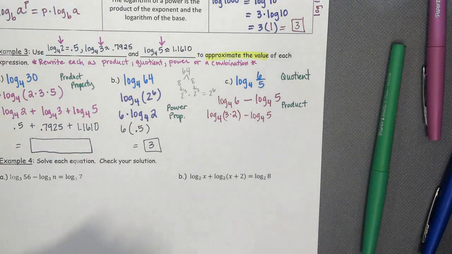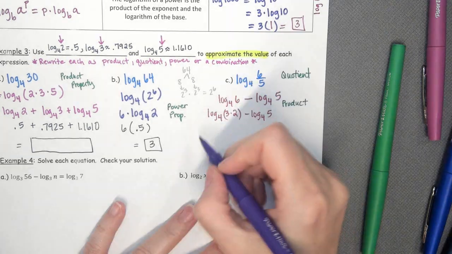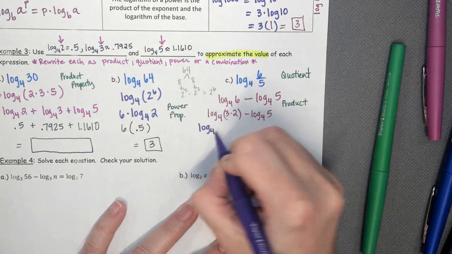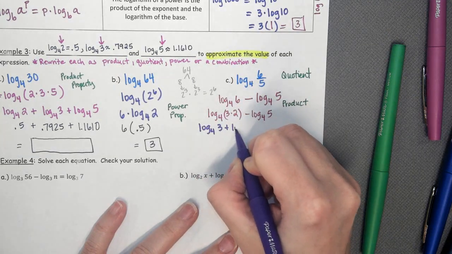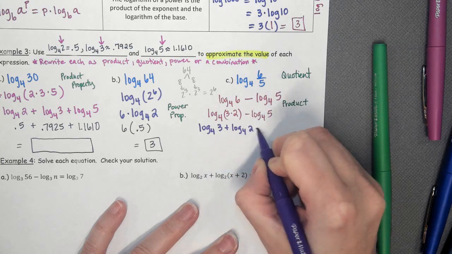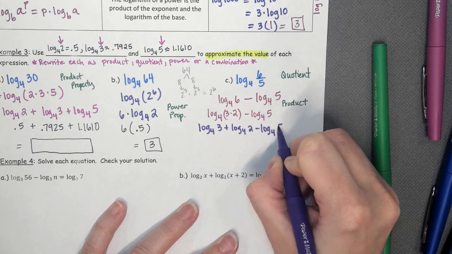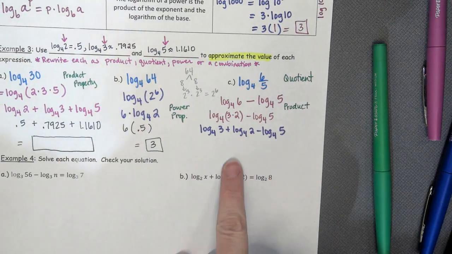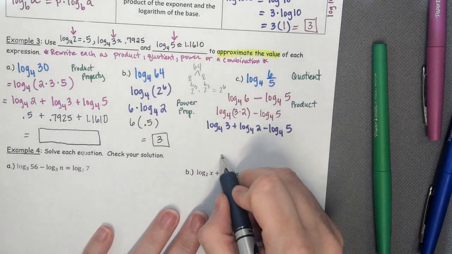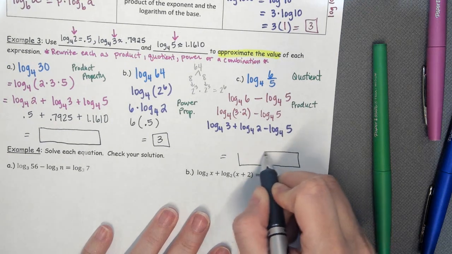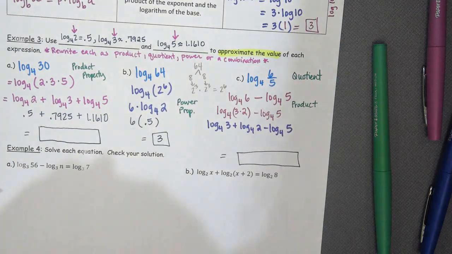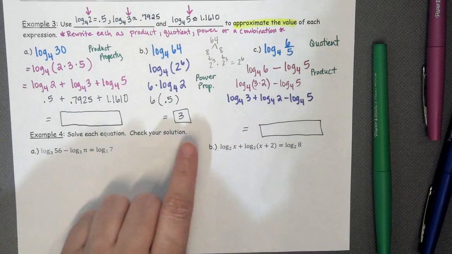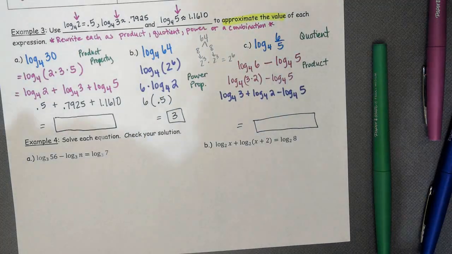So with the product property, that means I can split this up into the log base 4 of 3 plus the log base 4 of 2 minus the log base 4 of 5. Okay, so go ahead and plug in your values and then do your calculation. Okay, so plug them in, write them down in this step.